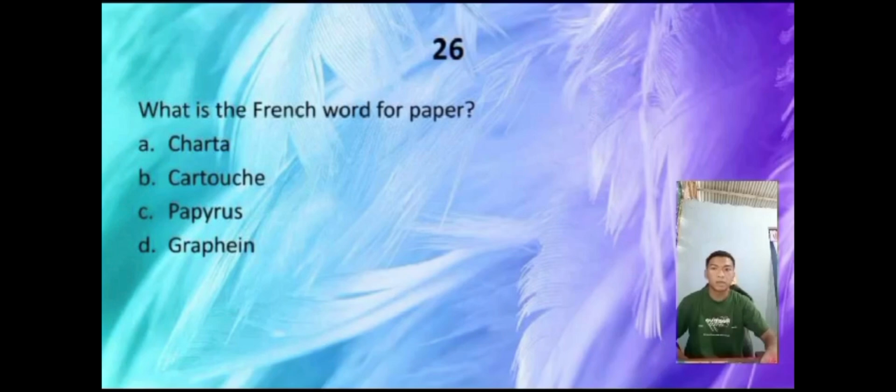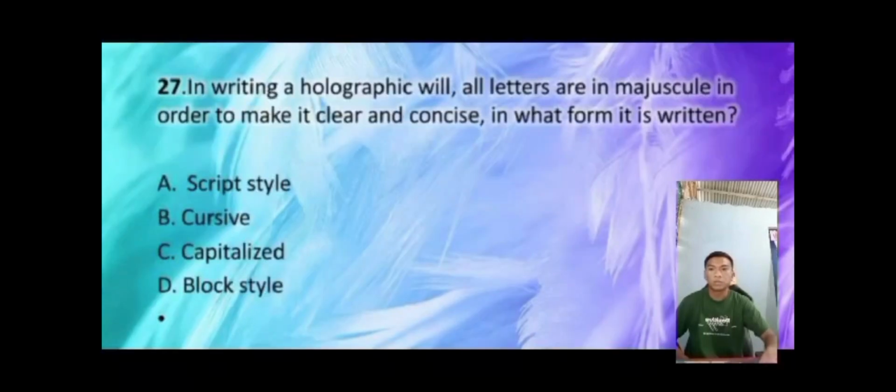Ginagamit siya para sa pagsulat ng mga documents, scroll, and text. And D, graphene. It is a Greek word for to write or to draw. This term is ginagamit nila to record information or creating image gamit ang mga symbols or marks. So, next, 27.